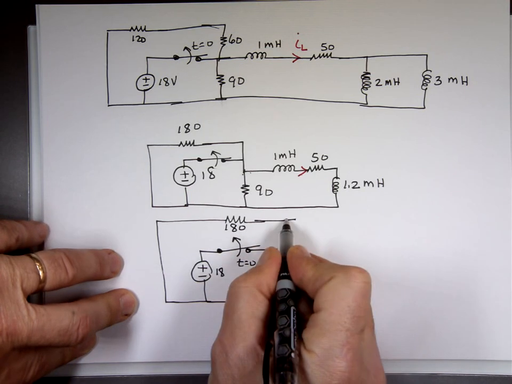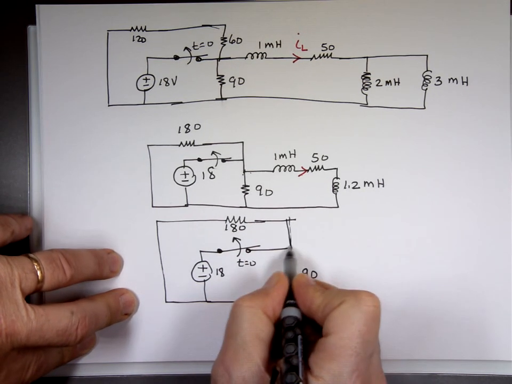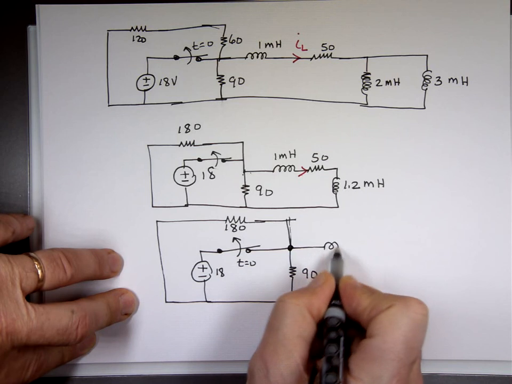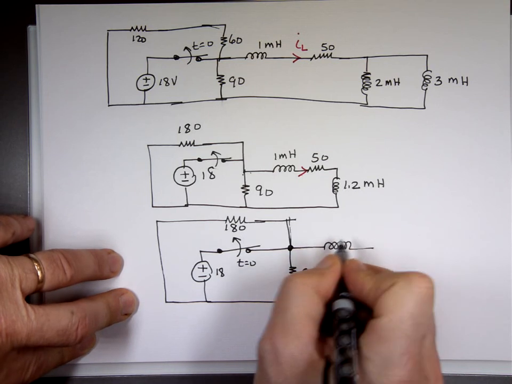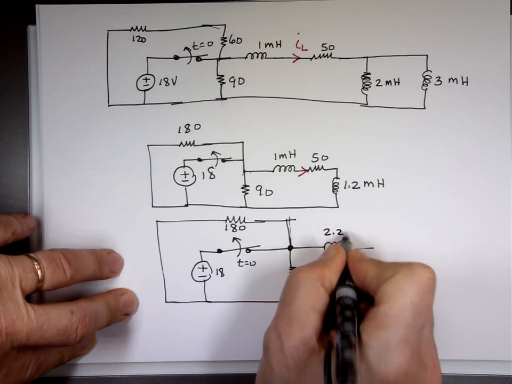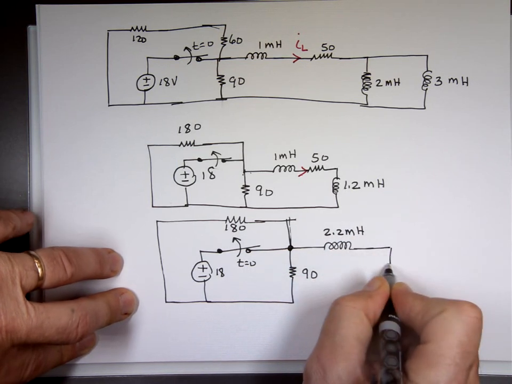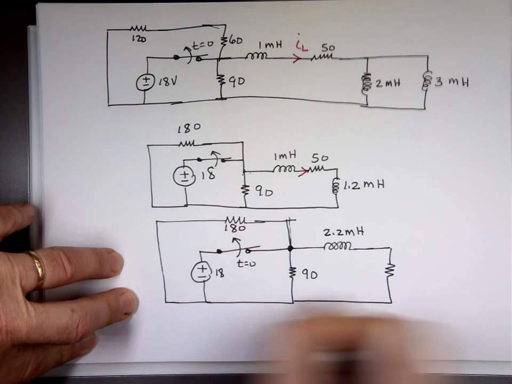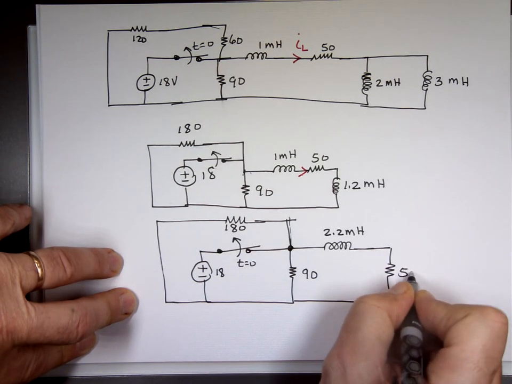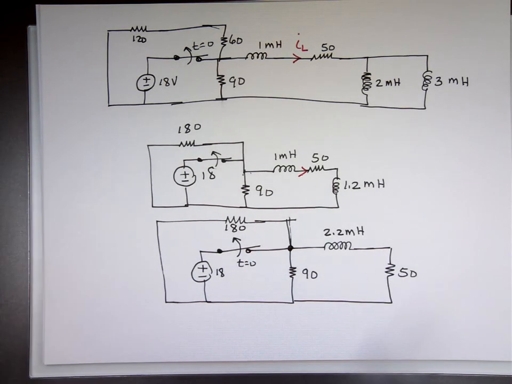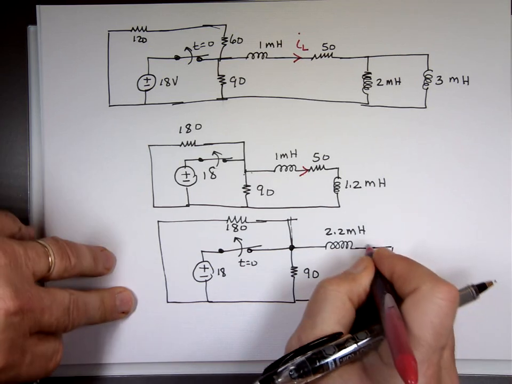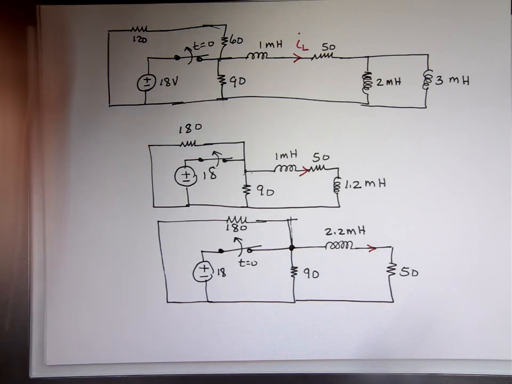And I can make it one inductor now of what? 2.2 millihenry and 50 ohm. Which one you put on the top, the 50 ohm resistor or the inductor, doesn't really matter. And now I'm looking for that inductor current. So I didn't even discuss any of the stuff yet. I'm just saying it's too ugly of a circuit, too many things in it. Let's make it a little bit cleaner.